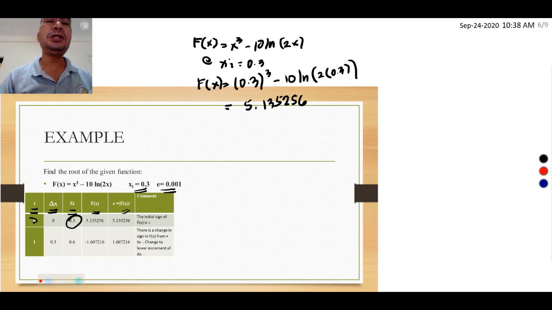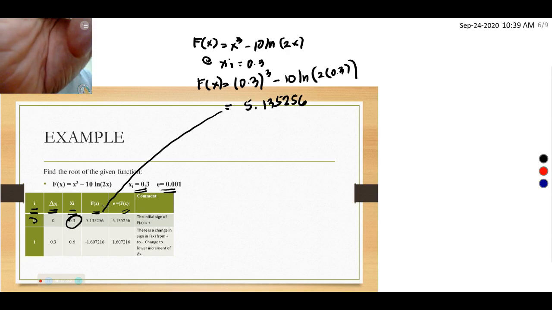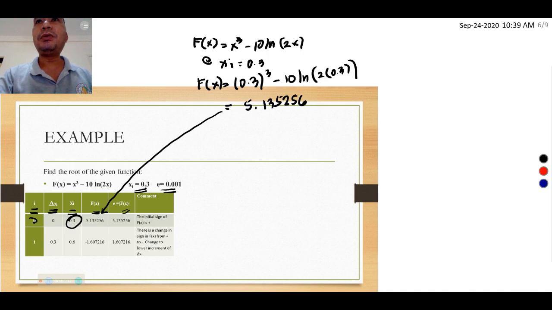In our module that value may be longer, but for illustration purposes we just rounded it off to at least 6 decimal places. So the value of f of x is what is reflected in this column. And of course, our error is just equal to the absolute value of the function of x, so that will be equal to 5.135256.